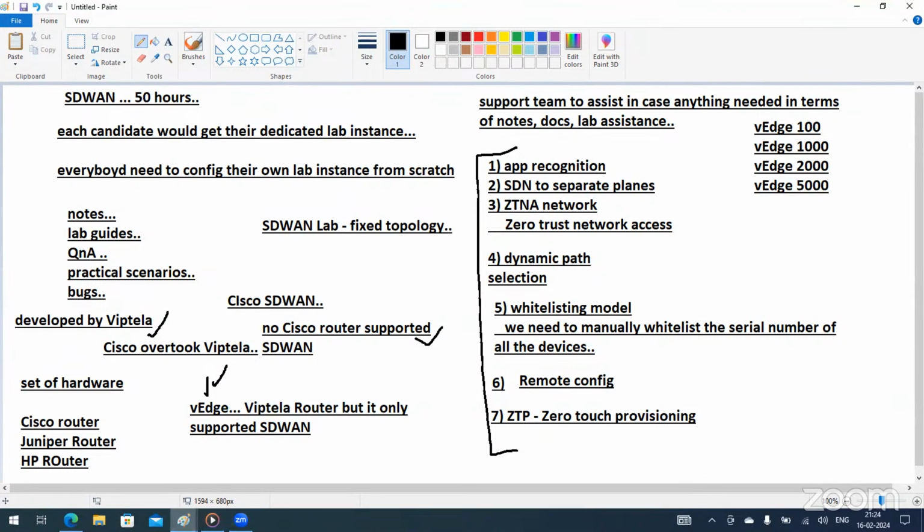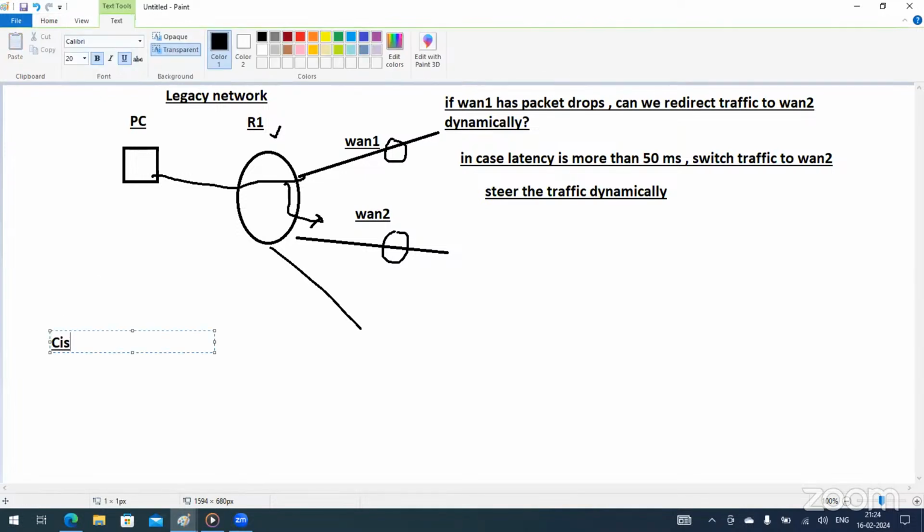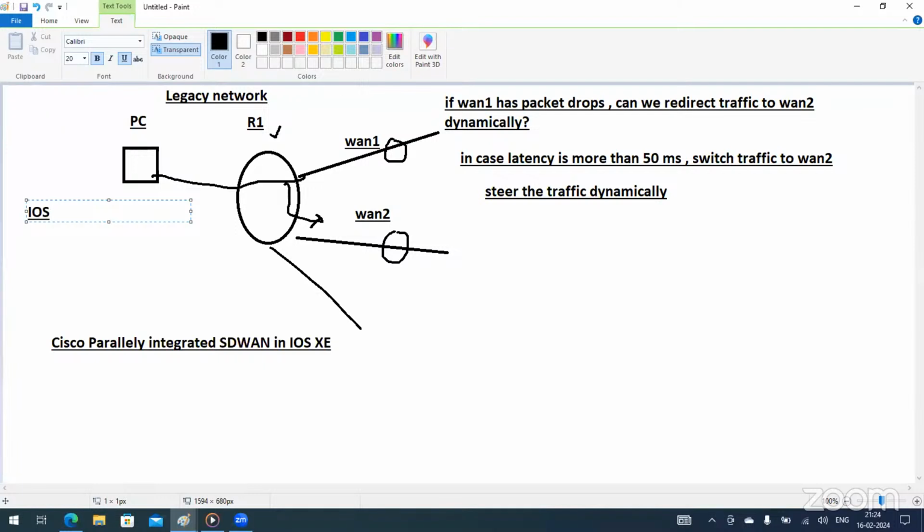In parallel, what Cisco did, Cisco integrated SD-WAN in iOS XE. So there are 3 different iOS trains from Cisco. iOS, which is on, let's say, Cisco 800 routers. iOS XE, which is on, let's say, 4000 routers, 1000, ASR 1000.